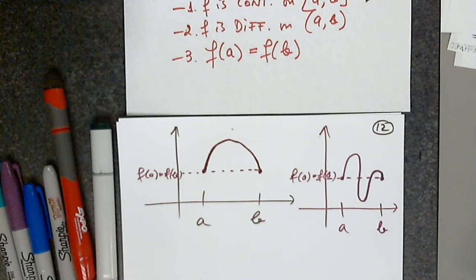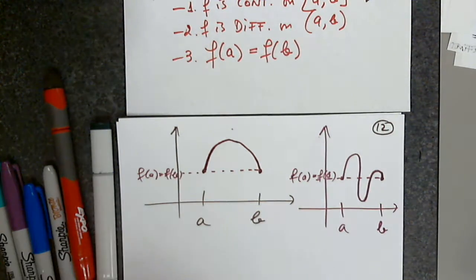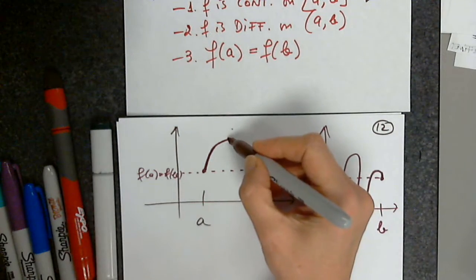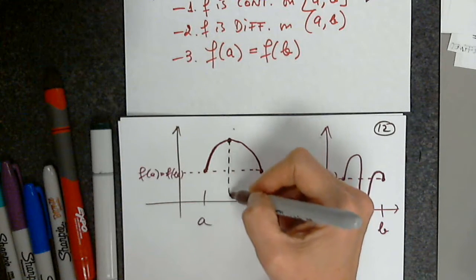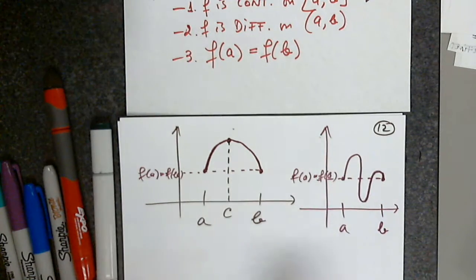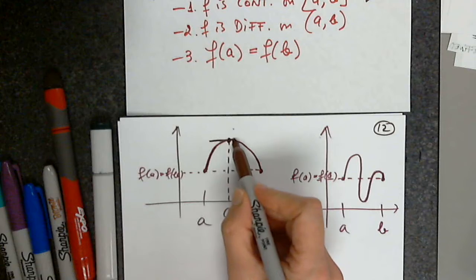It must have a turn. And if it has a turn, f prime of that point has to be 0, right? So that's what Rolle's theorem says. At this point c, how much is f prime of c?